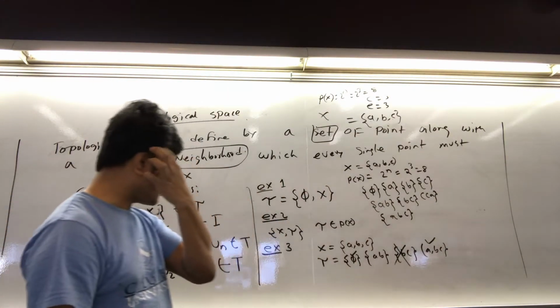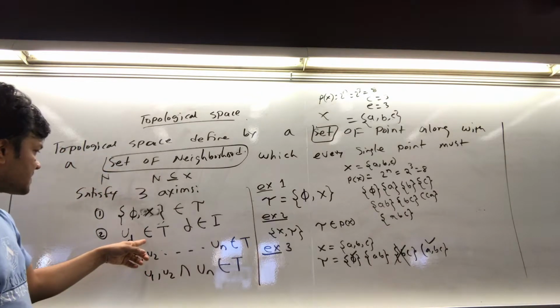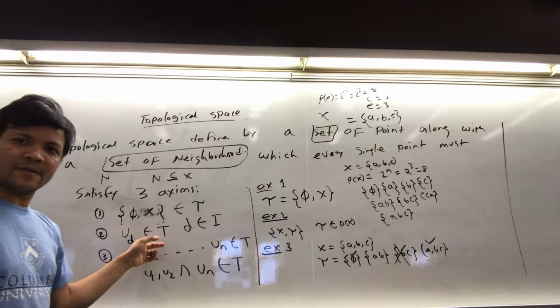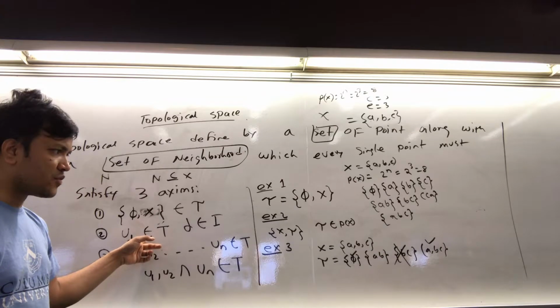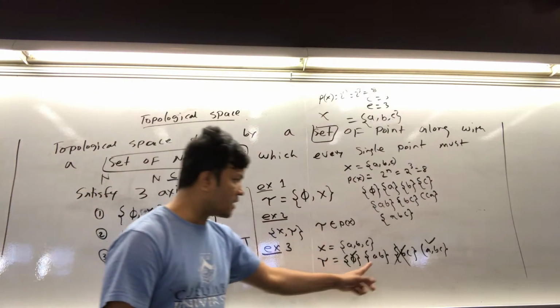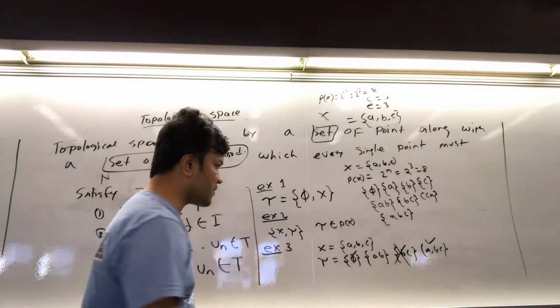Does it satisfy the second one, the union? The union of all the small sets?